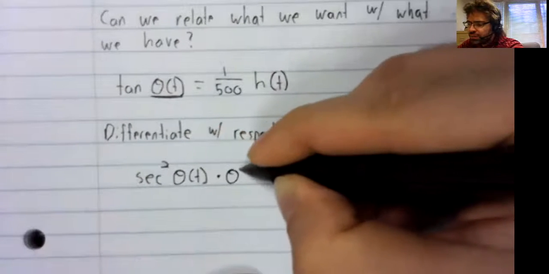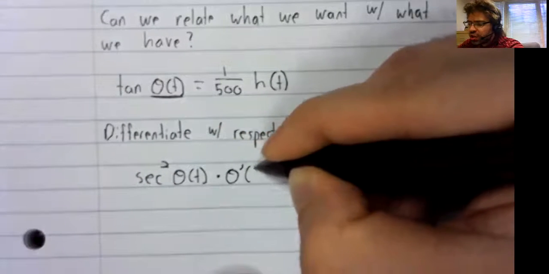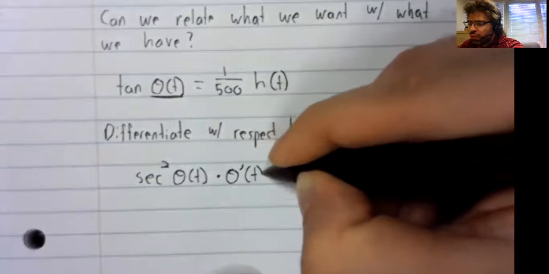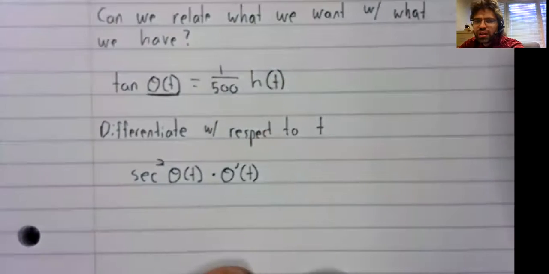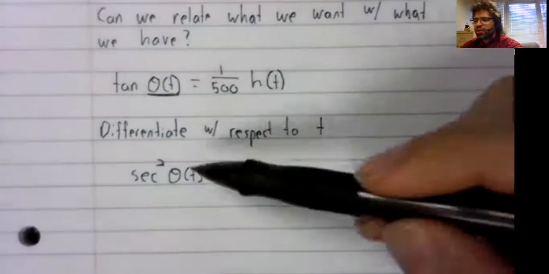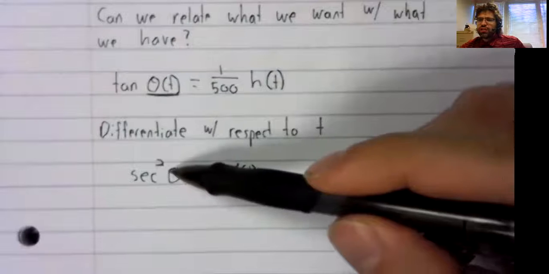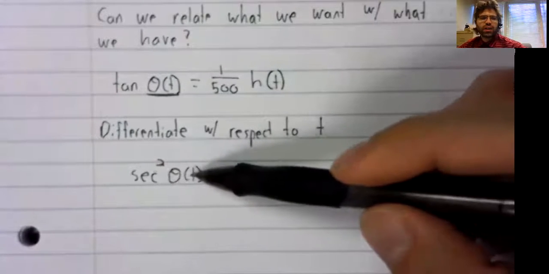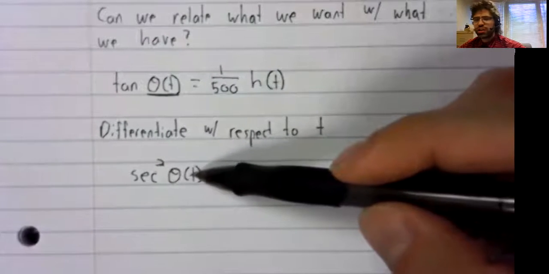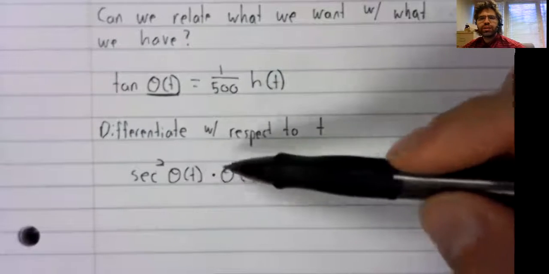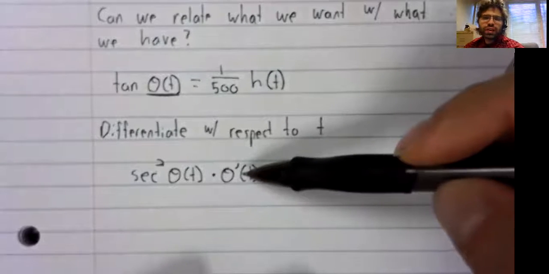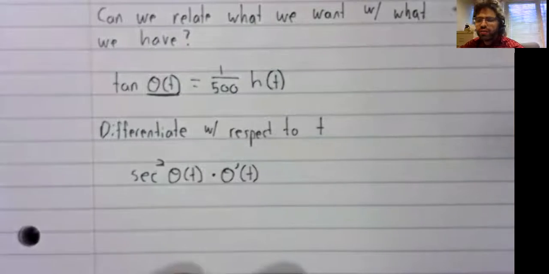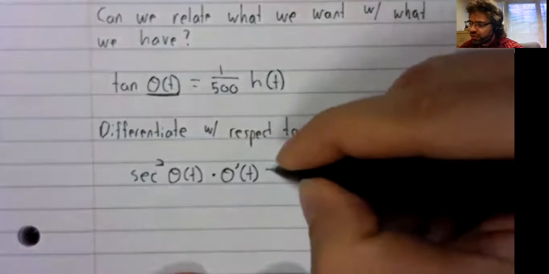The chain rule gives us this. The derivative of the outside function with the inside function stuck inside it times the derivative of the inside function.